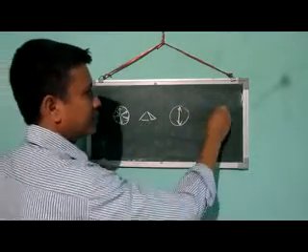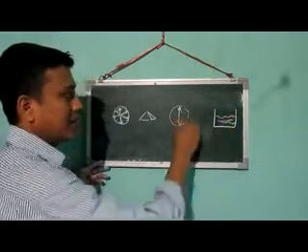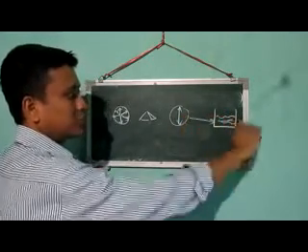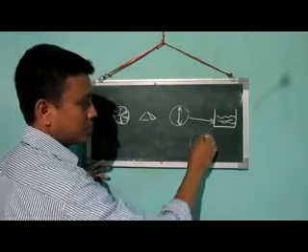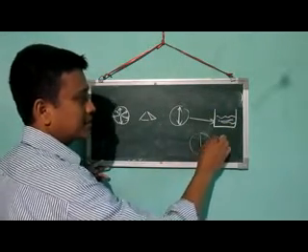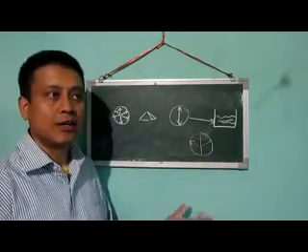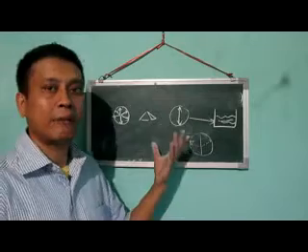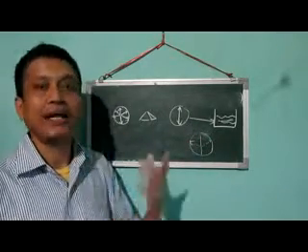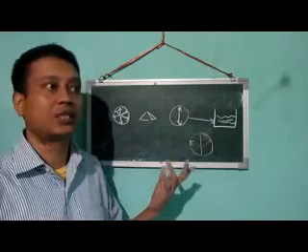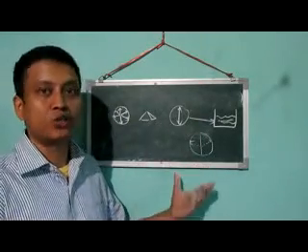And if we have a sample, suppose an organic compound, and we allow this light to pass through this sample, then the sample can rotate that light to the right hand side, or it can rotate the light to the left hand side. This type of property is shown by organic compounds which have chiral carbons, that means carbons having 4 different groups, or enantiomers or diastereomers.